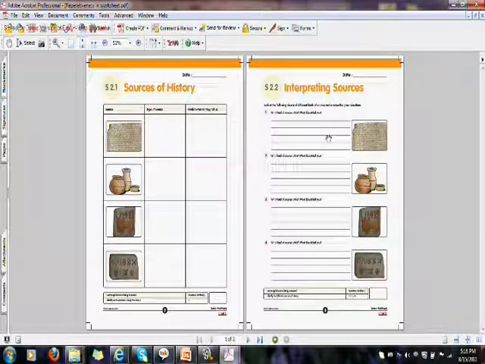Now, if you look at the following worksheet, which is S2.2, it has the same images, and even though the format may look different, the questions are absolutely the same. So this is, I think, a perfect example of repetition of questions, and this will need to be looked at very carefully.